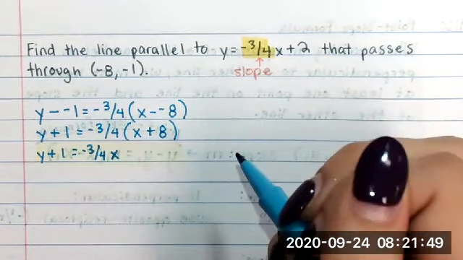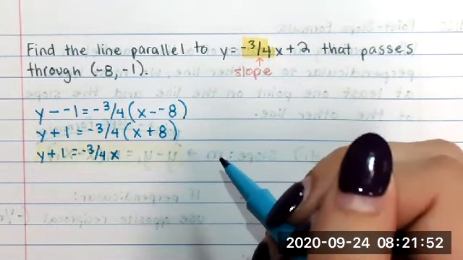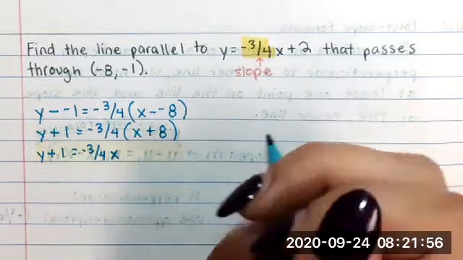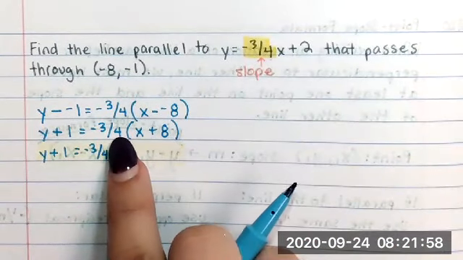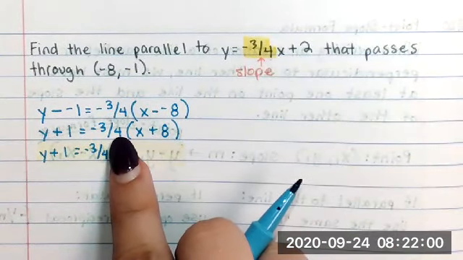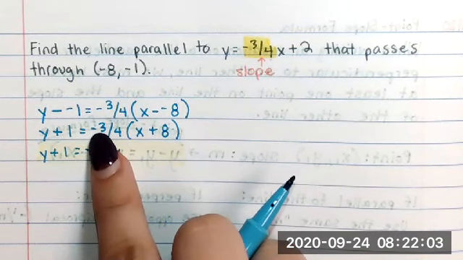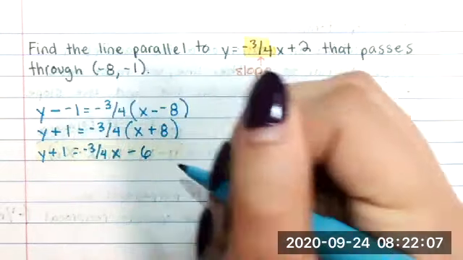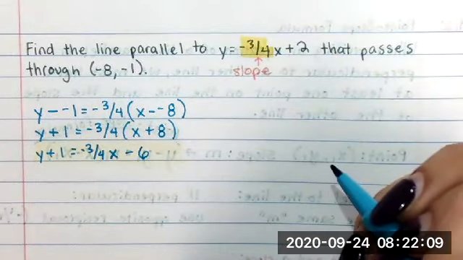And now I need to do negative 3 divided by 4 times 8. Well, my little trick is I see what's 8 divided by 4? Well, that's 2. And what's 2 times negative 3? That's negative 6. So this will be negative 3/4 x minus 6.